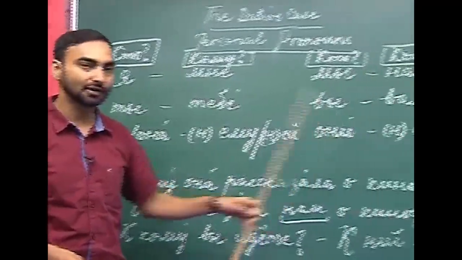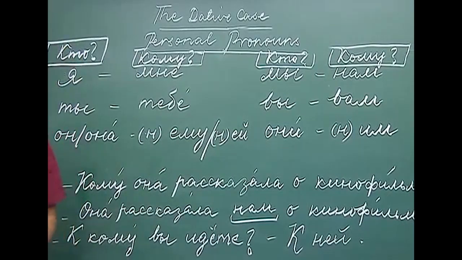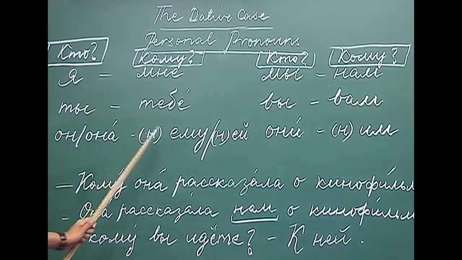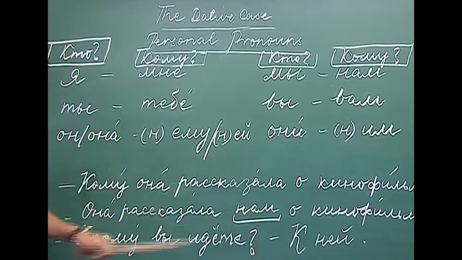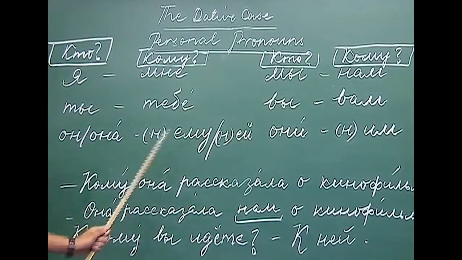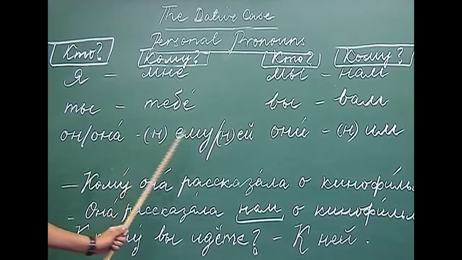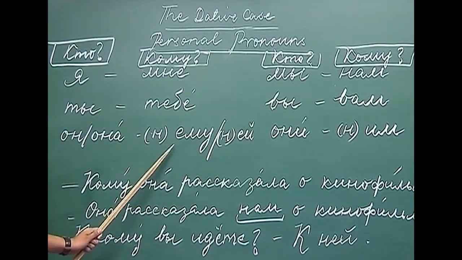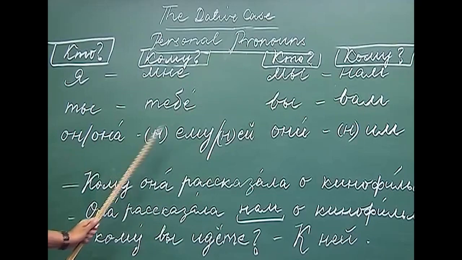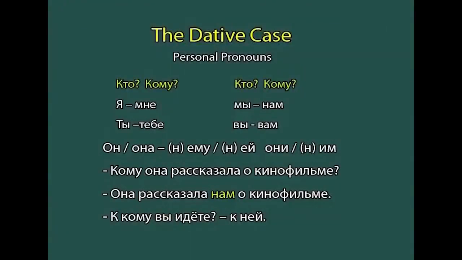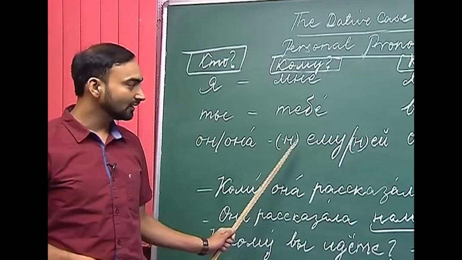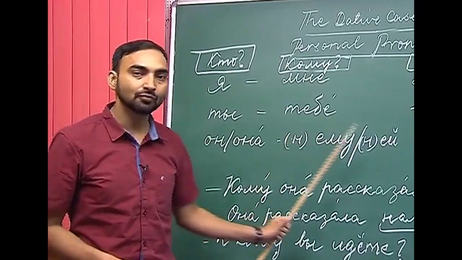One more thing, I have written this consonant n in brackets in the third person singular as well as plural. What happens is, when the dative case forms of the third person are used with a preposition, an additional consonant n is added before the forms. For example, if the dative form of on is used after a preposition, for example ka, we will use nimu, knimu.